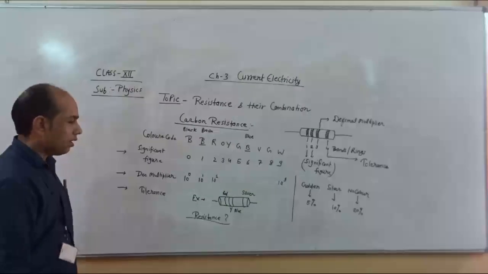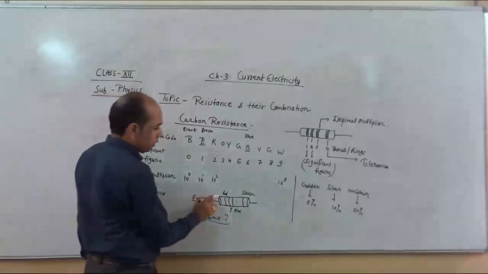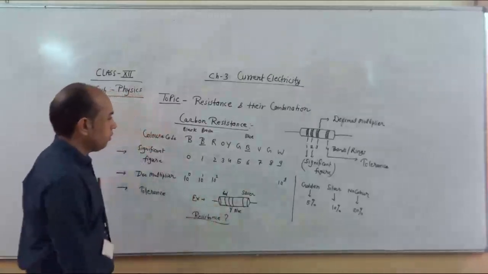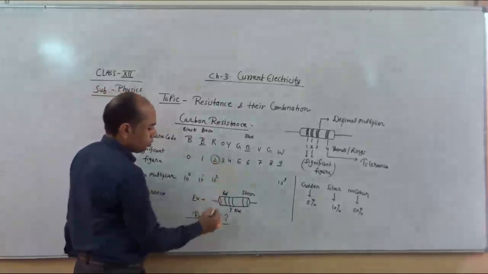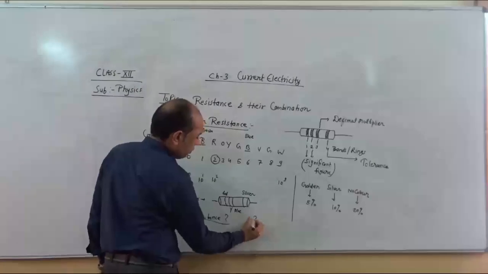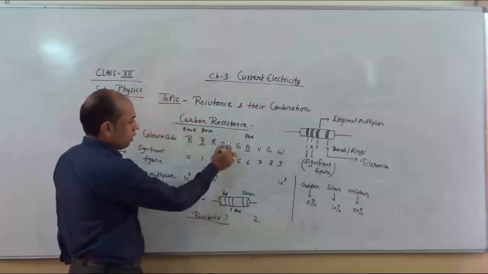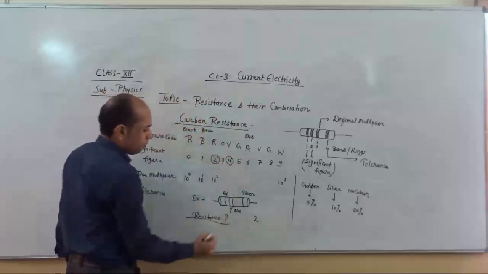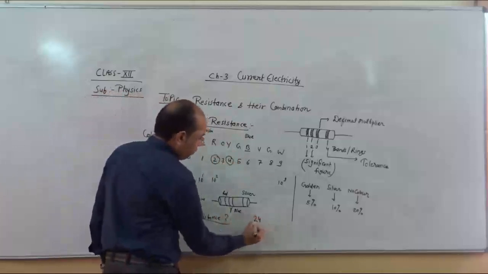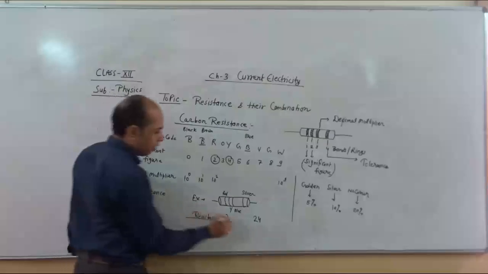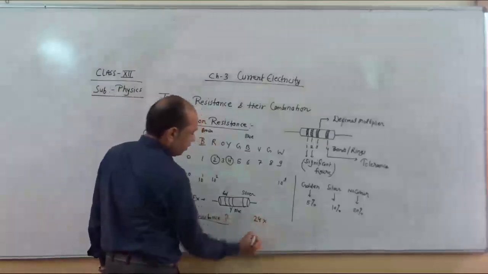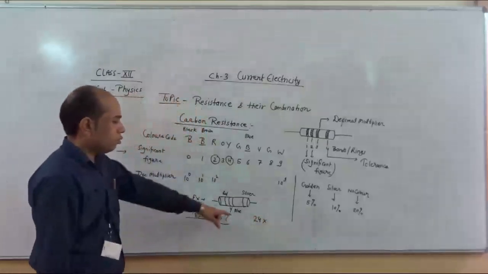In order to find the resistance, first for the two colors red and yellow, we come to the significant figures. For red it is 2, so I am writing 2 here. The second is yellow; for yellow it is 4. So 24. The third one is the decimal multiplier, that means we have to use a multiply sign, and the color is blue.